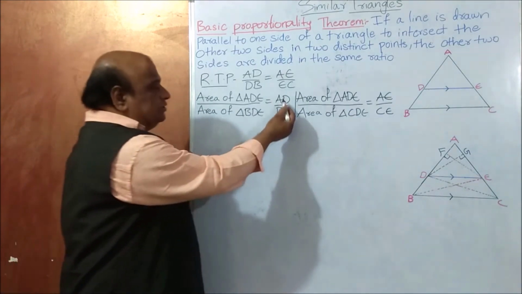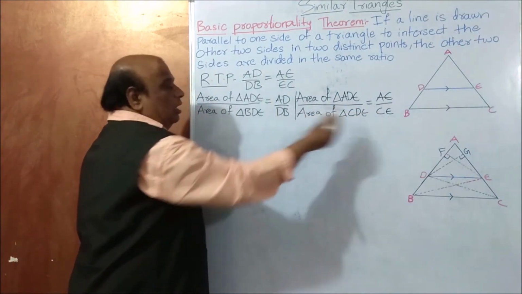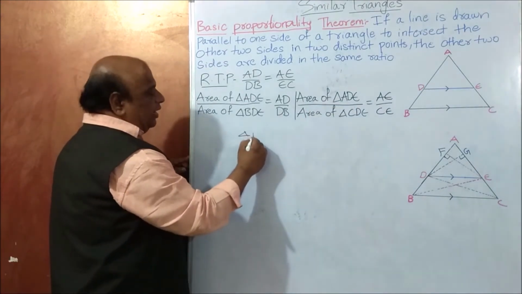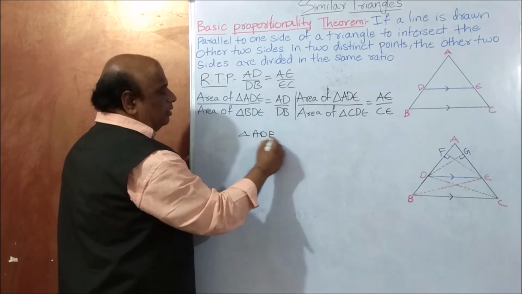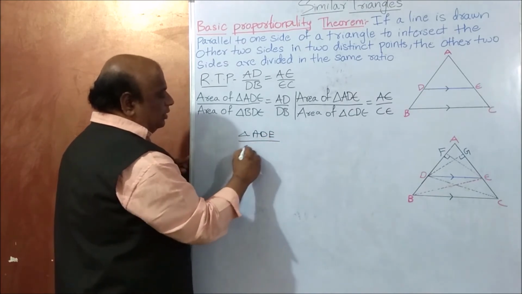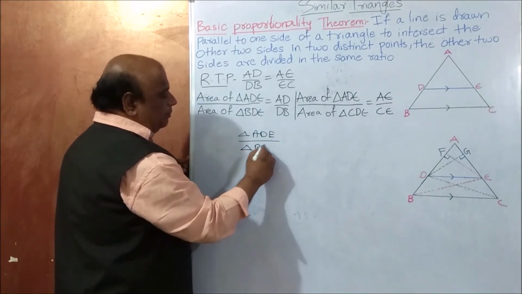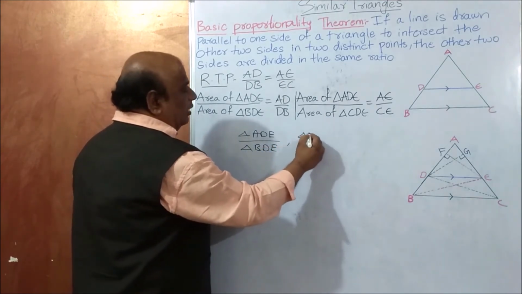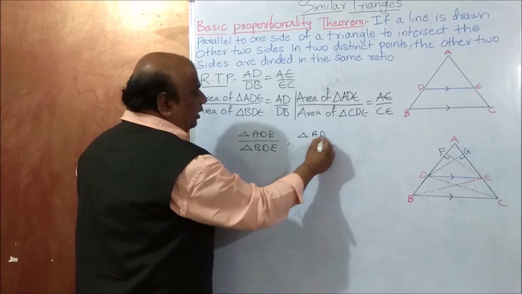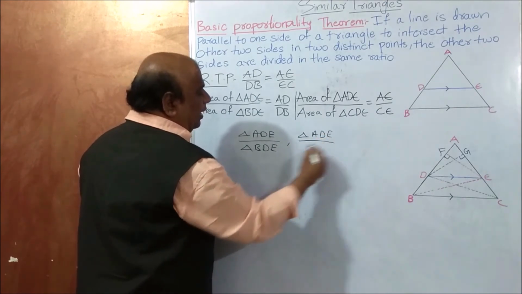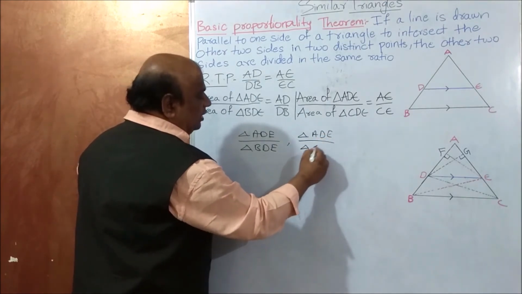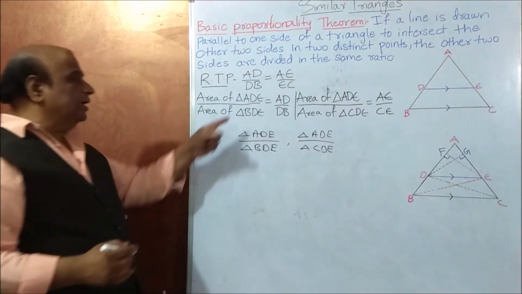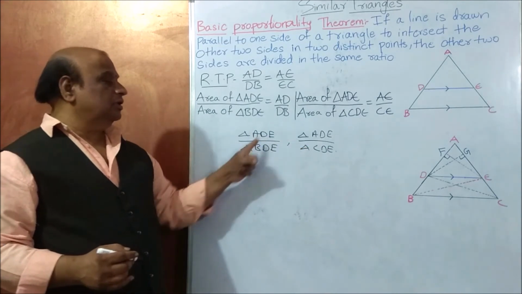Now, how to equalize these ratios? We observe triangle ADE by triangle BDE, comma, triangle ADE by triangle CDE. Here students, I am taking these two ratios.